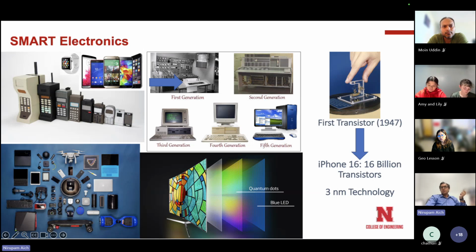So how do we get to the very small size of these transistors? We hear all about chips, but we don't necessarily know what a chip is. A chip is made of transistors, or transistors make chips. We are going to very small scale, 3 nanometer technologies.